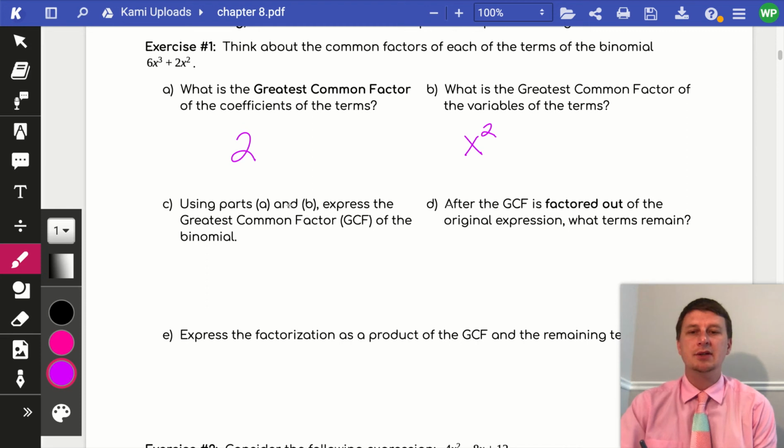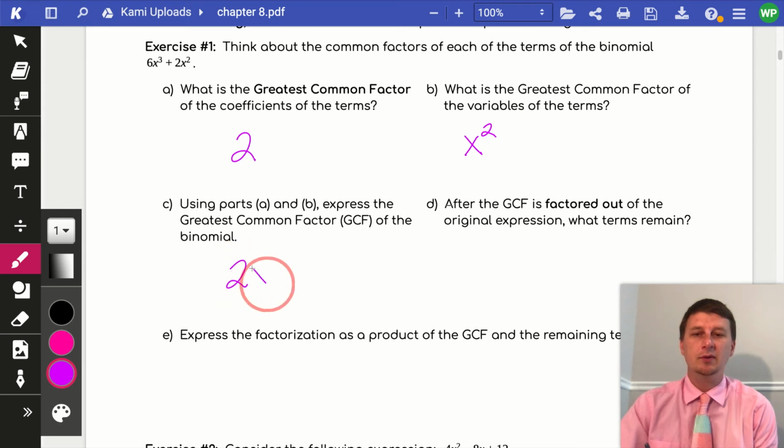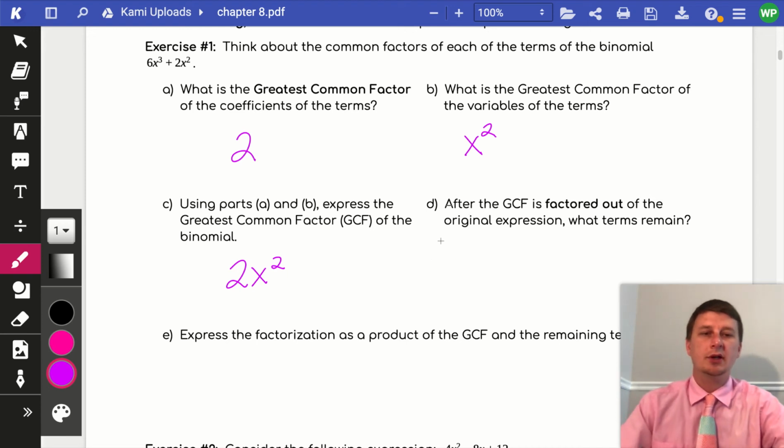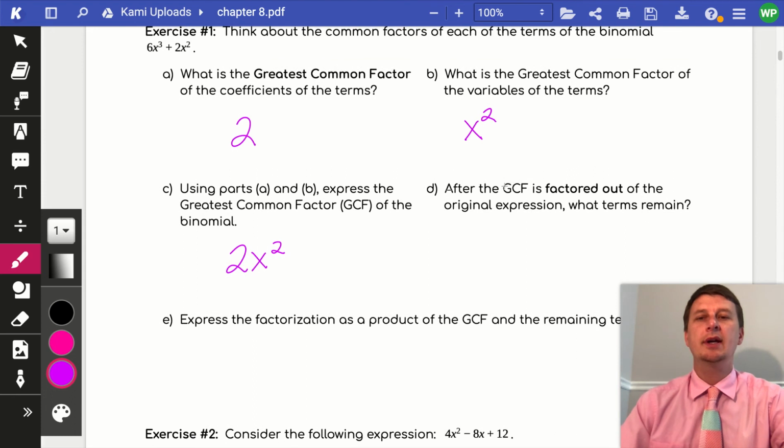So now in part C, it says, using parts A and B, express the greatest common factor of the binomial. And my greatest common factor is going to be 2x squared. It is my greatest common factor of 6x to the third plus 2x squared. Part D says, after the GCF is factored out of the original expression, what terms remain? So there's two ways to look at this.